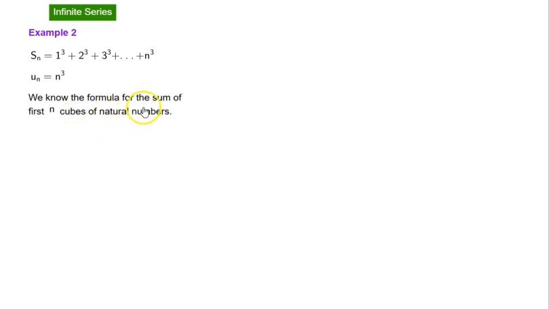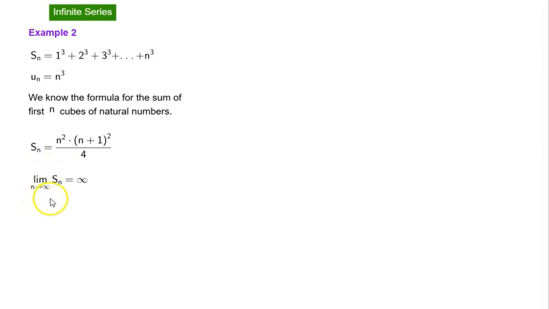Now let's look at the second example. S sub n is equal to 1 cube plus 2 cube plus 3 cube and so on up to n cube. So u sub n is equal to n cube, the nth term of the series. We know the formula for the sum of the first n cubes of natural numbers. So we apply that here. We get S sub n is equal to n square times n plus 1 square by 4. And we straightforwardly take the limit.